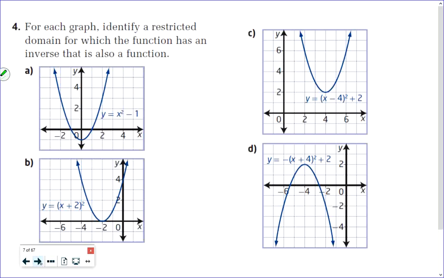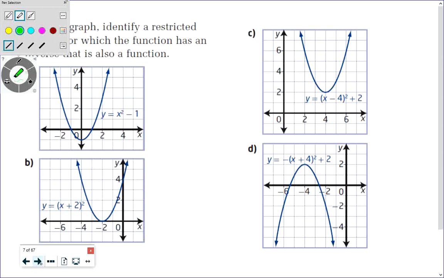So if you can change this blue graph in 4b in some way so that it only goes down or only goes up, then the inverse, don't worry about what the inverse will do, but the inverse will be a function.